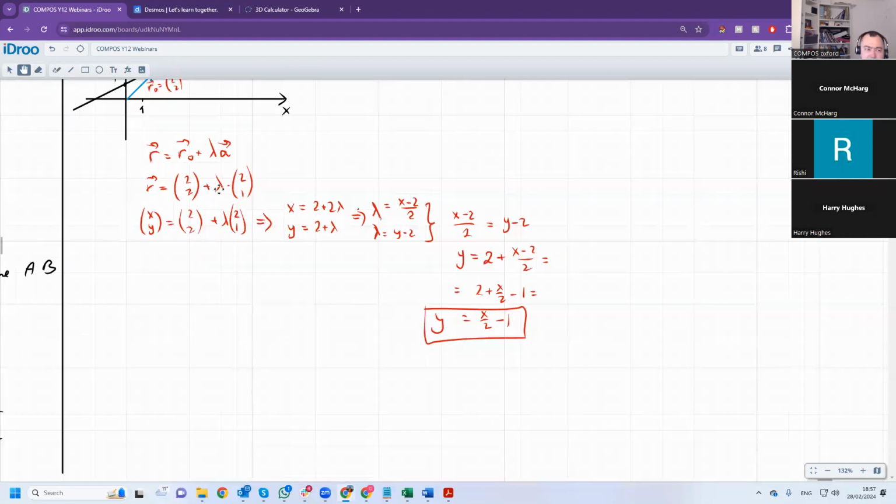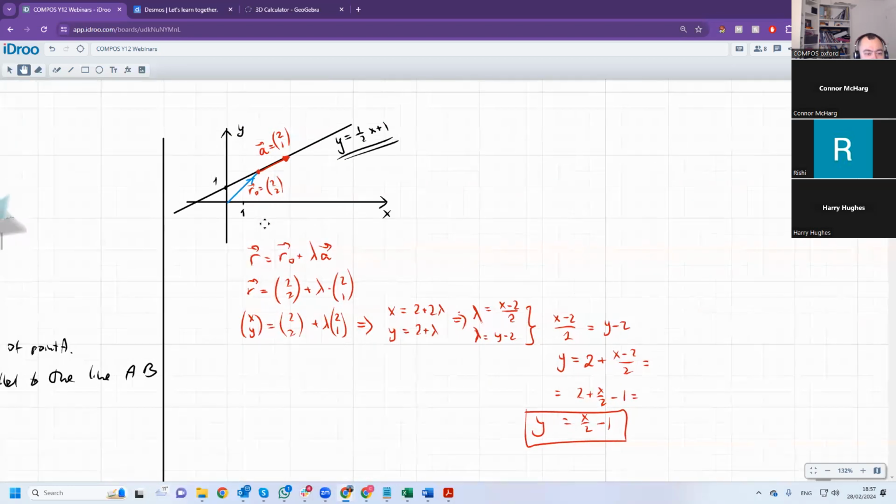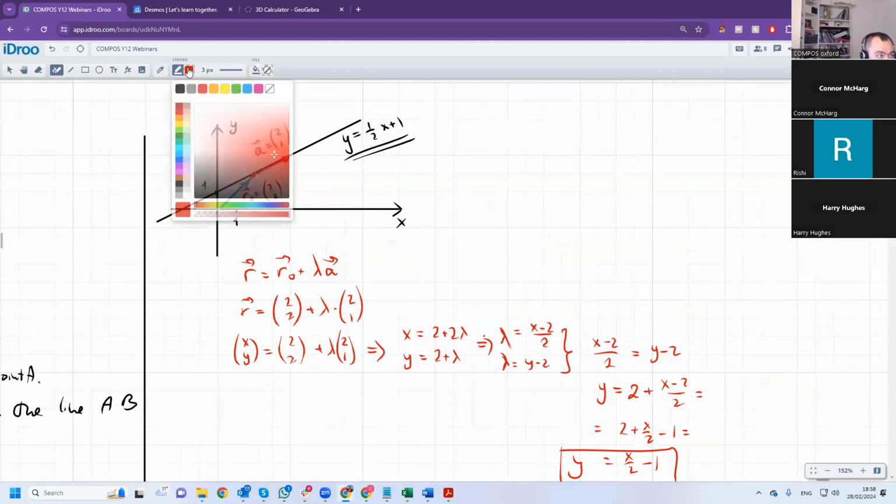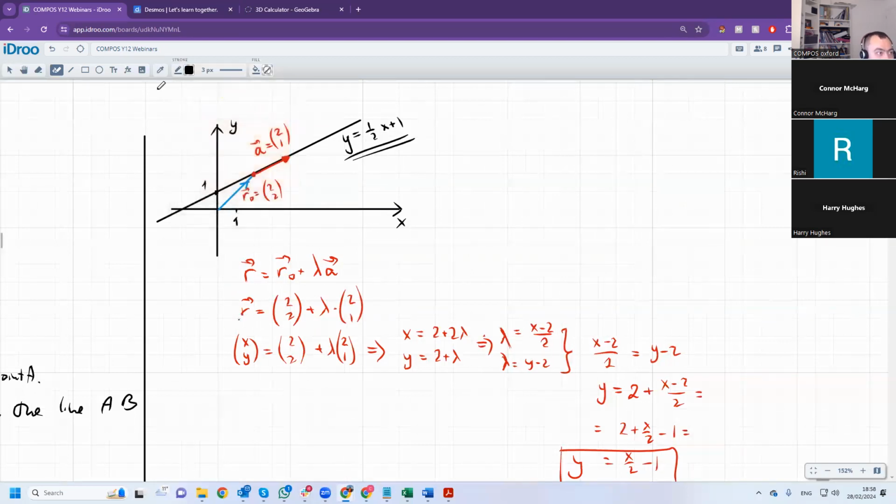Do you see how that works? This is a vector equation of the line. It's super important, and I think we did this in physics in the first assignment.